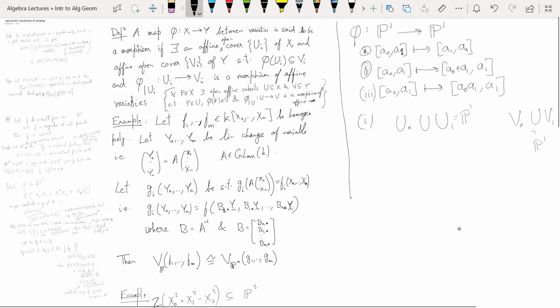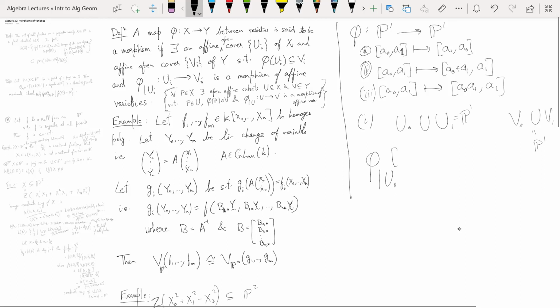Now what is this map on U0? What is phi restricted to U0? U0 means A0 should be non-zero. So where does it send?